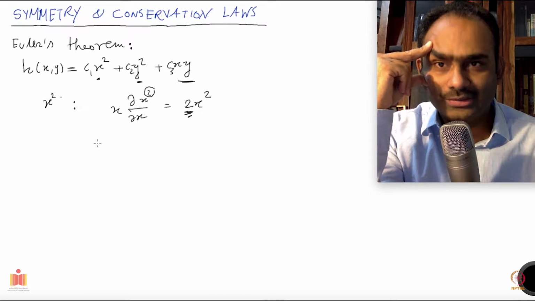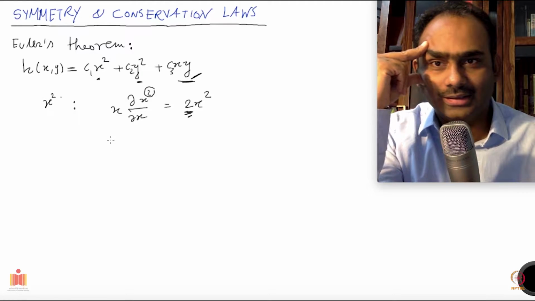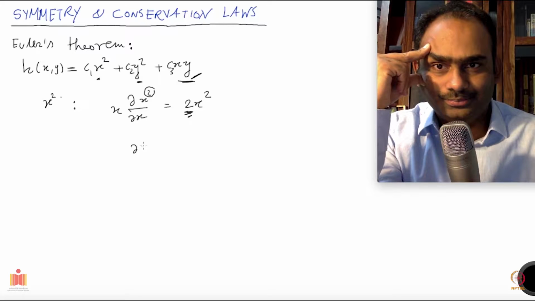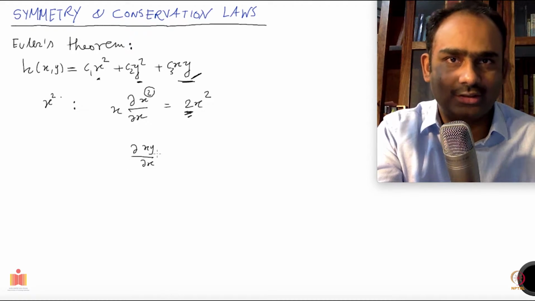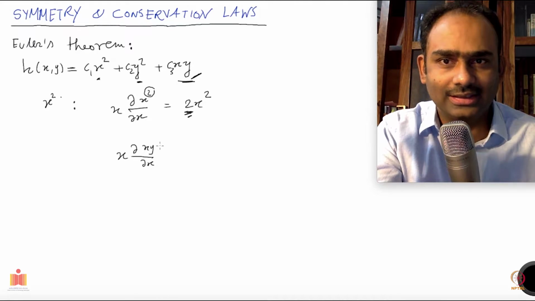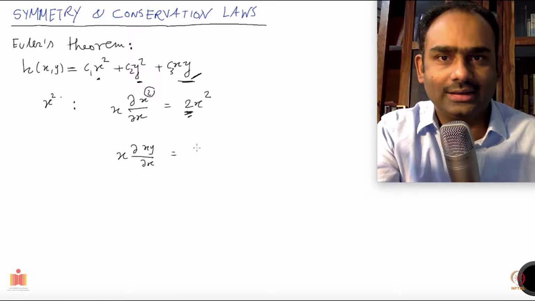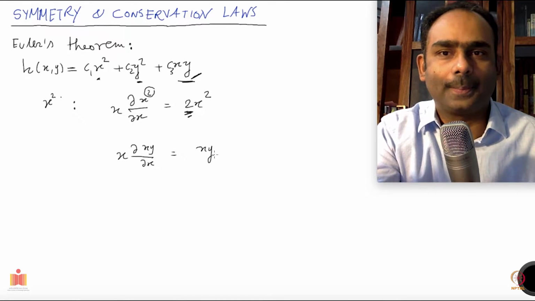Let's look at what happens when you look at this term. Again, by taking a partial derivative, I remove a factor of x, but when I multiply by x again, that is back, and I get xy.